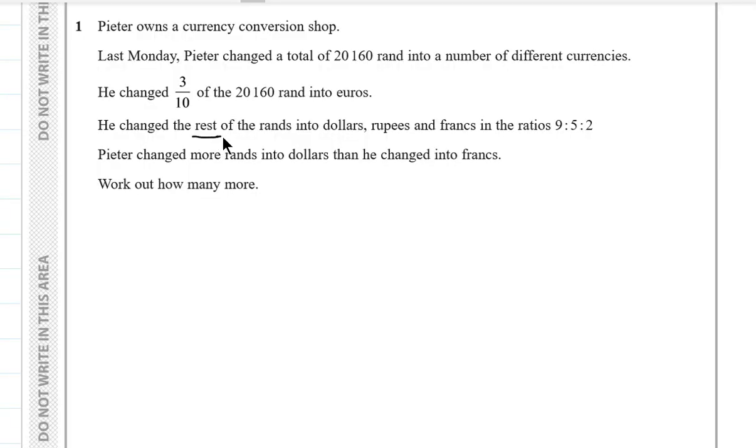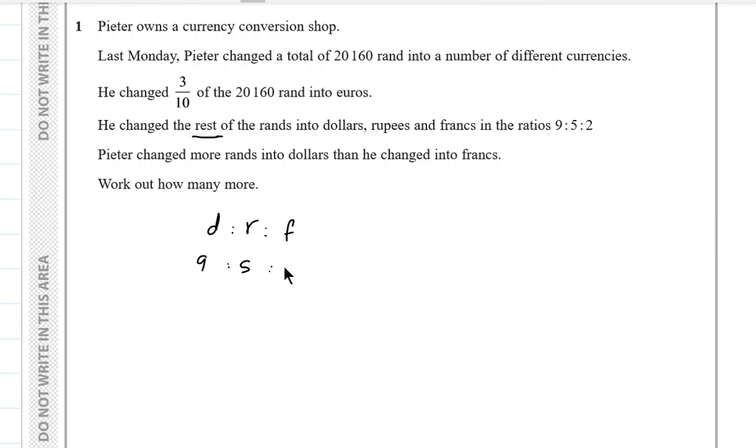The rest here means the other 7/10 of the original amount, of the rands into dollars, rupees, and francs in the ratio 9 to 5 to 2. So we can write dollar to rupees to francs as 9 to 5 to 2.